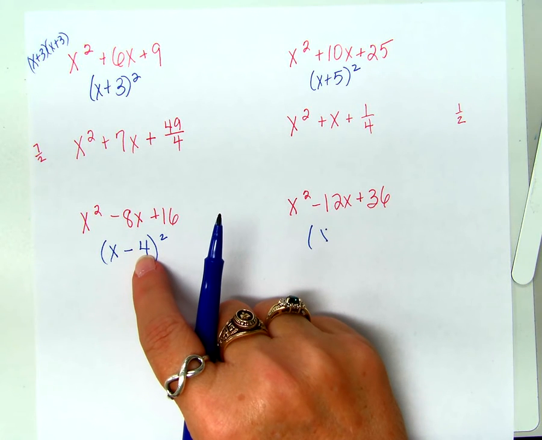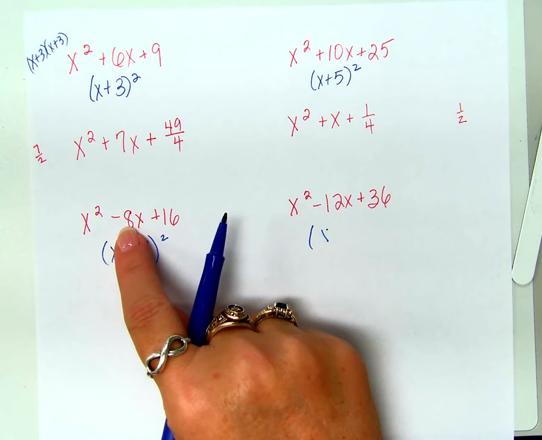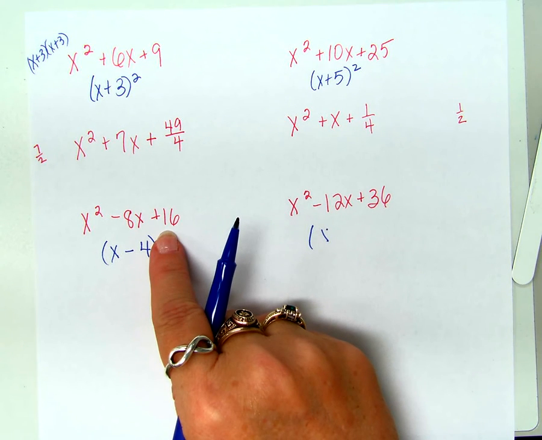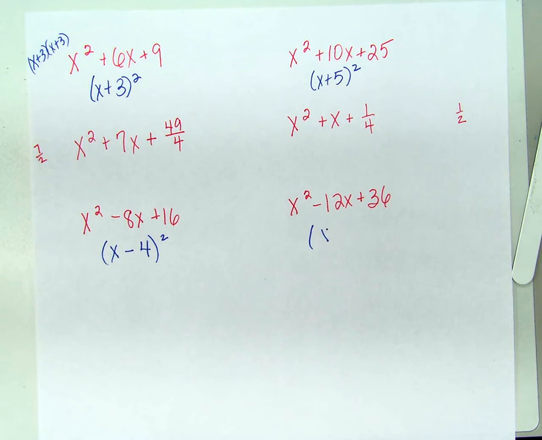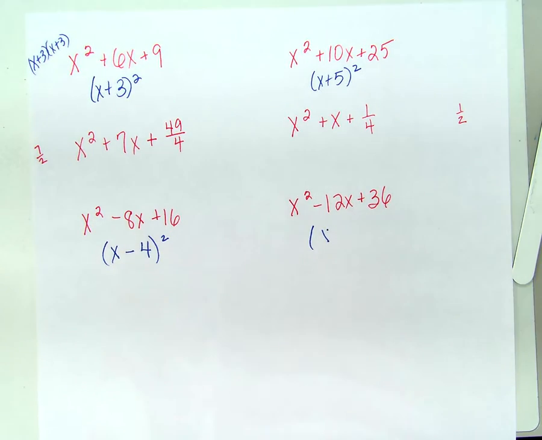Where is this number coming from? So that's one place it can come from. I can take the middle term and divide it by 2. What's the other place it can come from? Square root the last number. And then that's the whole third place that it can come from, right? We can say what multiplies to be 16 and adds to be -8, kind of like we're used to with factoring. So there's like 3 different ways we can get our answer here, right?